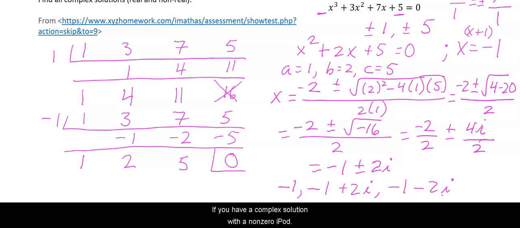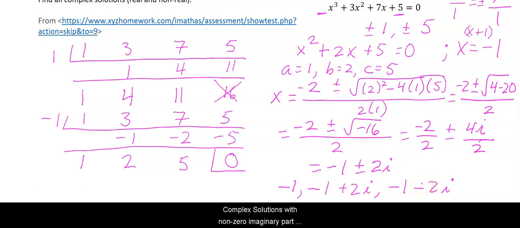Also, if you have a complex solution with a non-zero i part, they have to come in conjugate pairs because they're coming directly out of the quadratic formula. That means that they'll be exactly the same, except one will have a plus in the middle and one will have a minus in the middle.